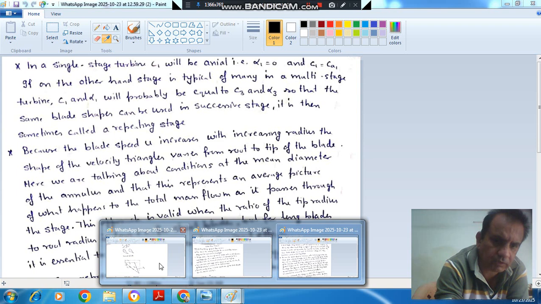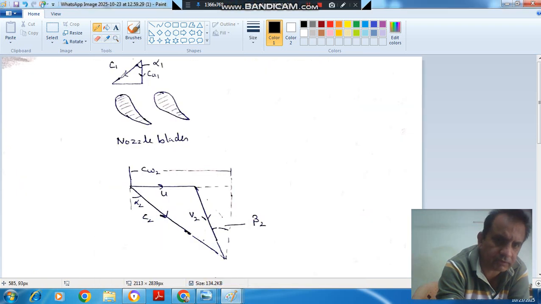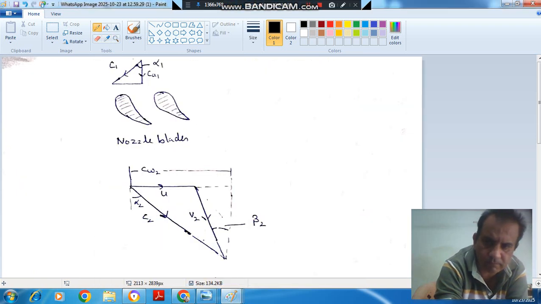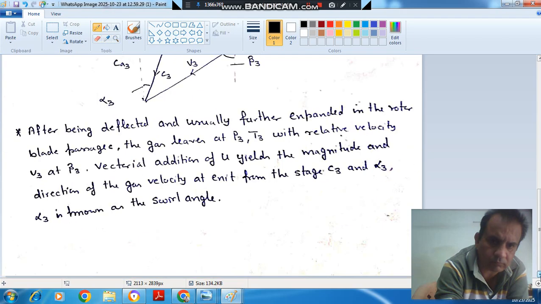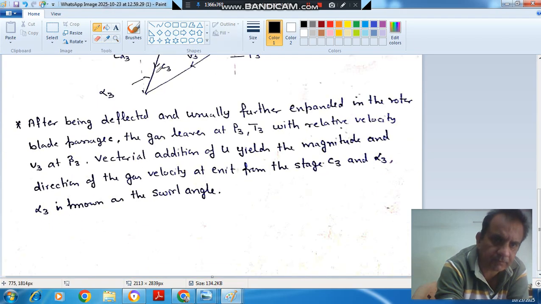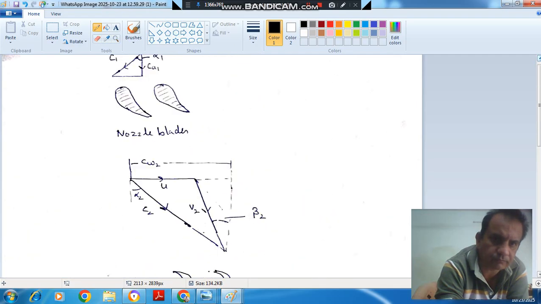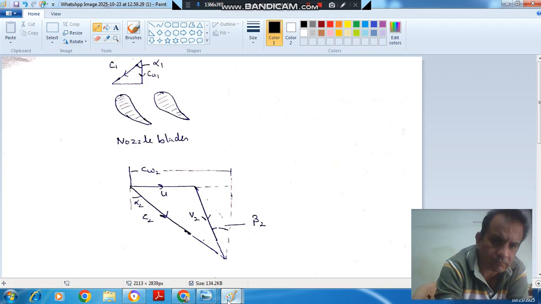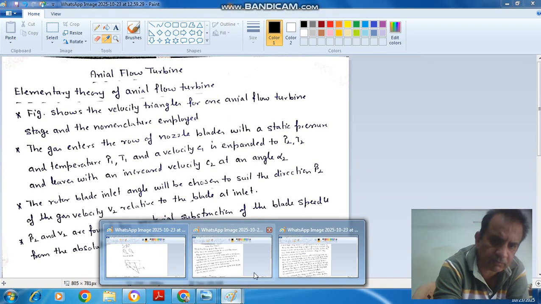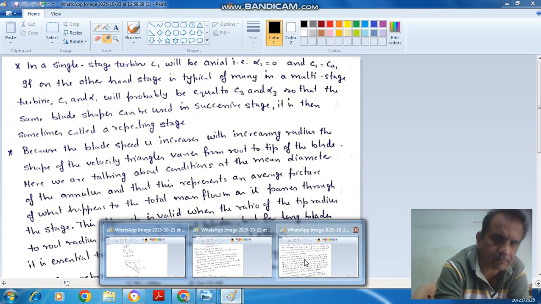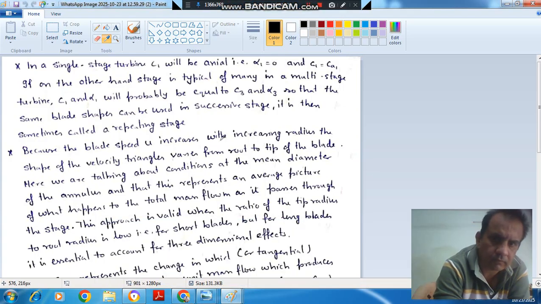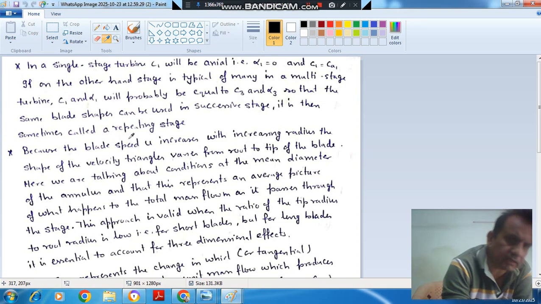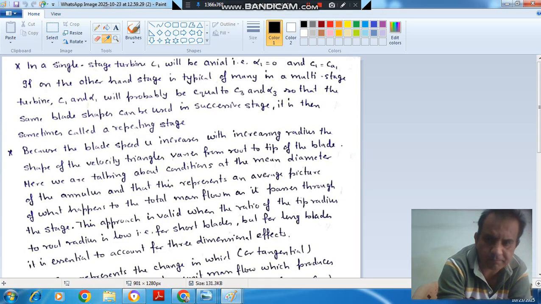So if there is multi-stage, then C1 will be equal to C3, and alpha 3 will be equal to alpha 1. But in a single stage it will be axial, so that the same blade shape can be used in successive stages. It is then sometimes called a repeating stage.